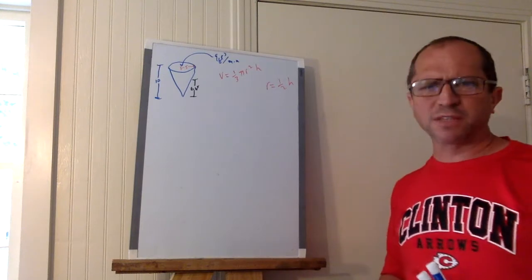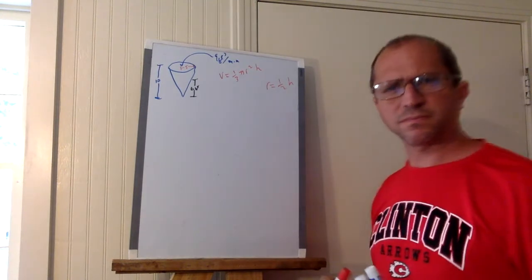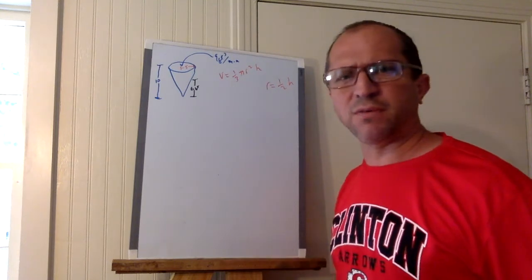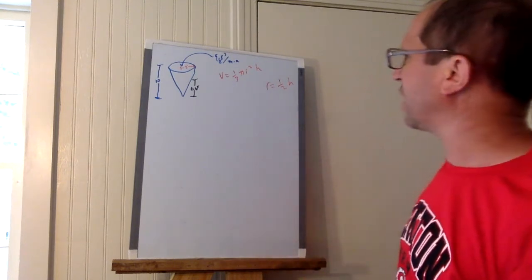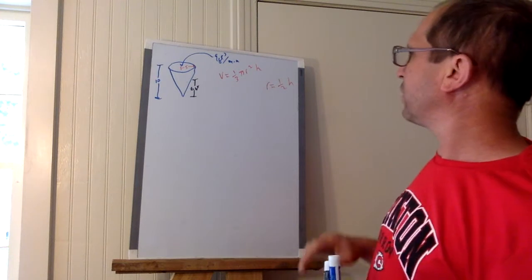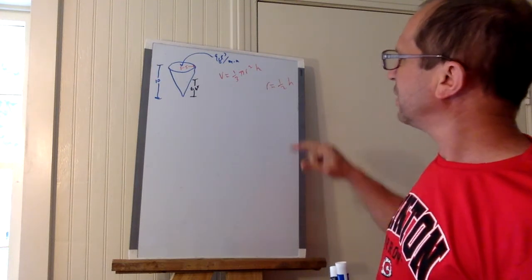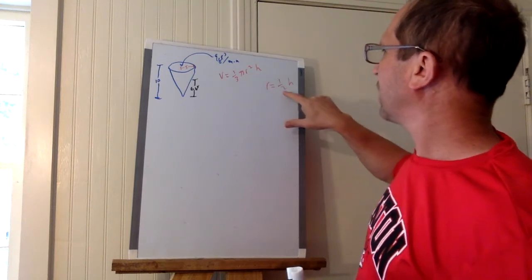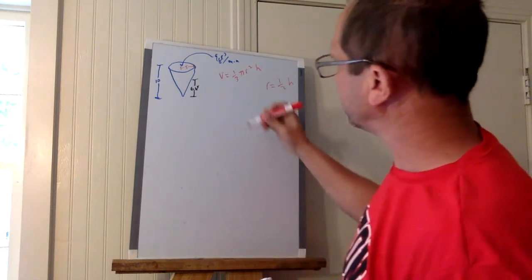Now, there's something else happening here. Everything that it asks about in this problem is dealing with the height. So from here, wherever I have r, I'm going to make it 1/2 h.